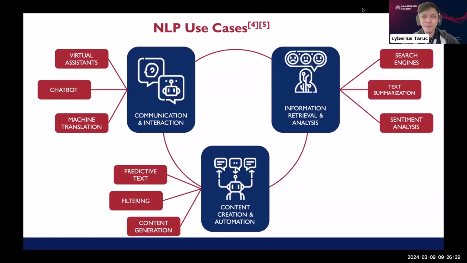Summarization is most likely a tool used in the academe. There are already available applications right now wherein you just type in a simple text, and you ask the AI application to summarize it, and it would be able to provide to you a shorter version of that text, right?